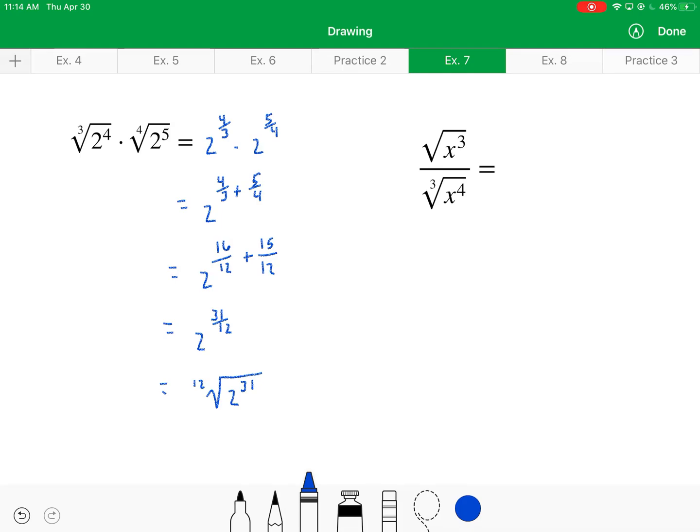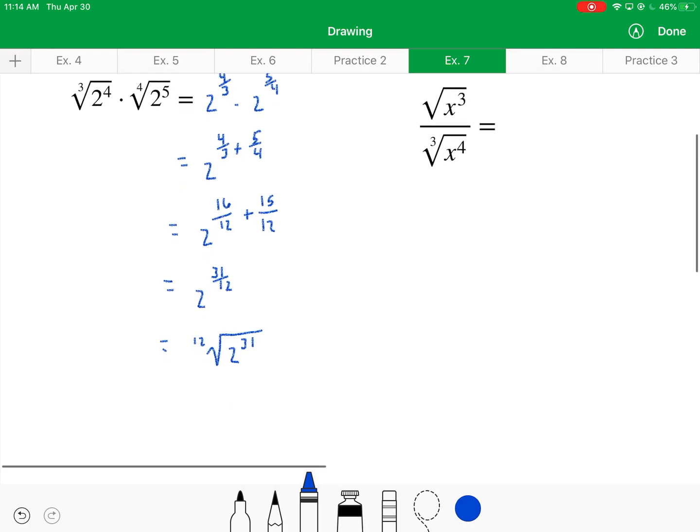And I can definitely do some simplifying here, so don't actually try to raise 2 to the 31st power. I'm going to treat this more like the 2 is a variable right now. And I'm going to break this up so that I get a power on 2 that's divisible by 12. I'll take 2 to the 31st, and let's think of it as 2 to the 24th multiplied by 2 to the 7th.